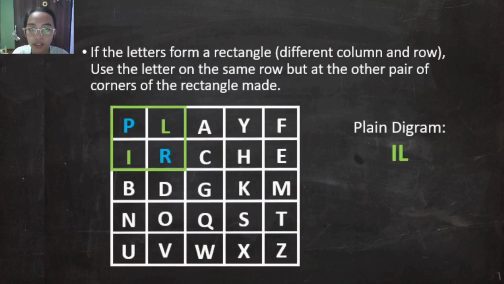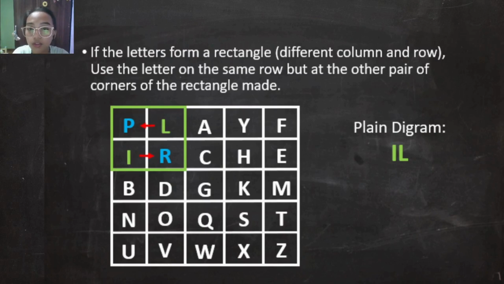So here's the plain digraph IL. If the letters form a rectangle, like if they're in a different column and row, use the letter on the same row but at the other pair of the corners of the rectangle made. So we have here the I and L in green. They are in a different column and row, so they form a sort of rectangle or square right there.